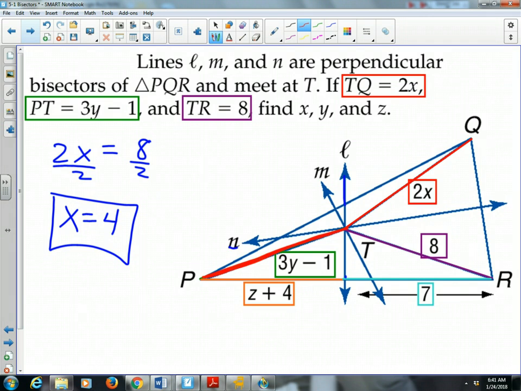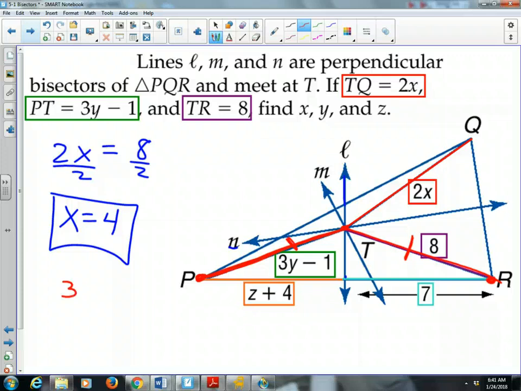And T is on the perpendicular bisector of line L. So T would be an equal distance away from the endpoint P as it is from T to R. So TR is the equal distance as TP. They're congruent segments.